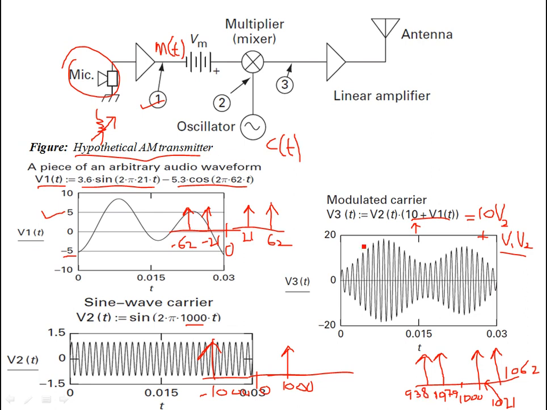So in the time domain you have this variation. If you see this variation, the envelope of the signal looks exactly like the message signal. The shape of the envelope is what we have over here, right? It's the message signal that is riding over a high frequency carrier, and the variation is only in the amplitude.